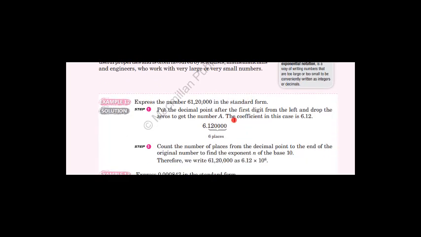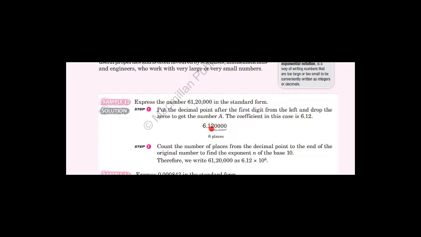Now let us come to this example where we have to express this particular number in its standard form. How to do it? Step 1 says, put the decimal point after the first digit from the left. That means we place the decimal between 6 and 1 and drop the zeros to get a, the coefficient, which comes out to be 6.12.